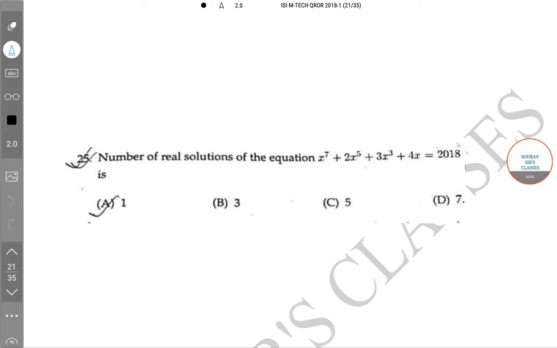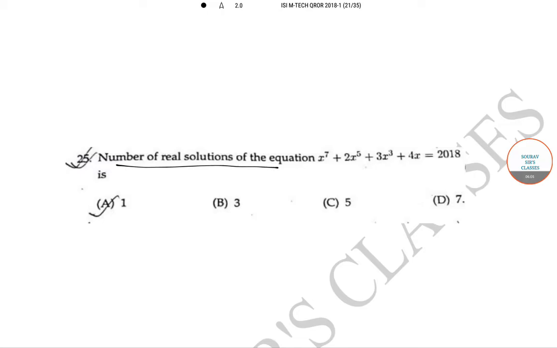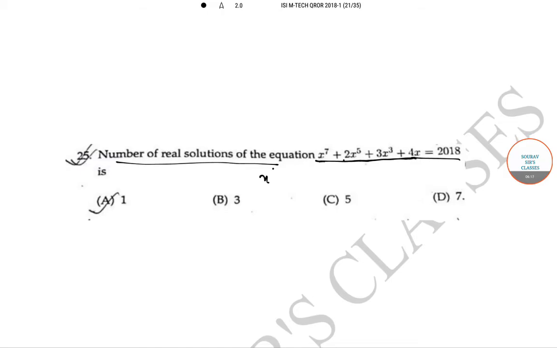The next question is, number of real solutions of the equation x to the power 7 plus 2x to the power 5 plus 3x cubed plus 4x is equal to 2018 is. So the equation is x to the power 7 plus 2x to the power 5 plus 3x cubed plus 4x minus 2018 is equal to 0.